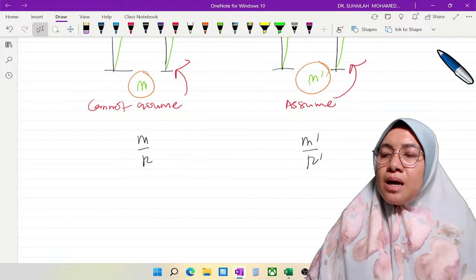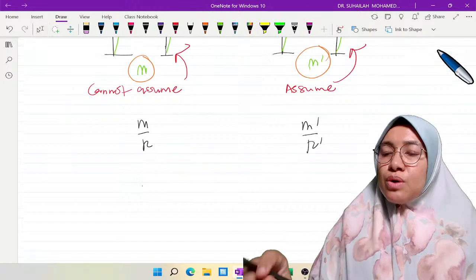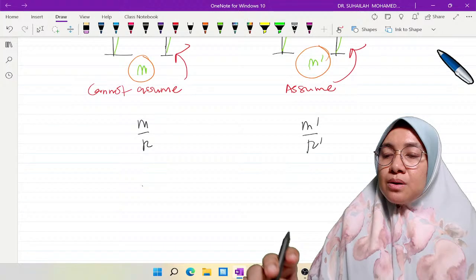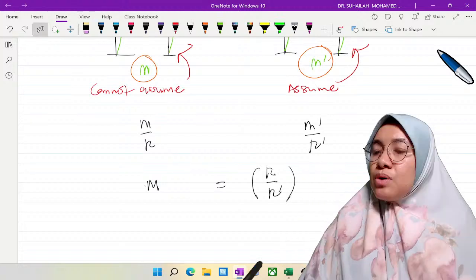So we use interpolation. What we want is M, which is unknown, so we bring R to the other side. We group R and R prime together.